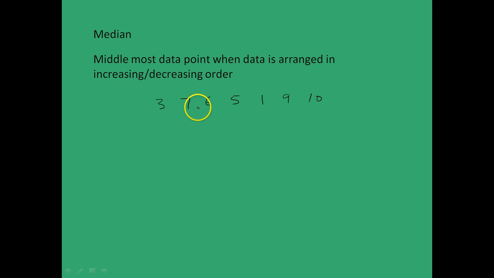So let's look at what the median of this raw data set will be. We'll arrange it in increasing order. So you have 1, 3, 5, 6, 7, 9, 10.